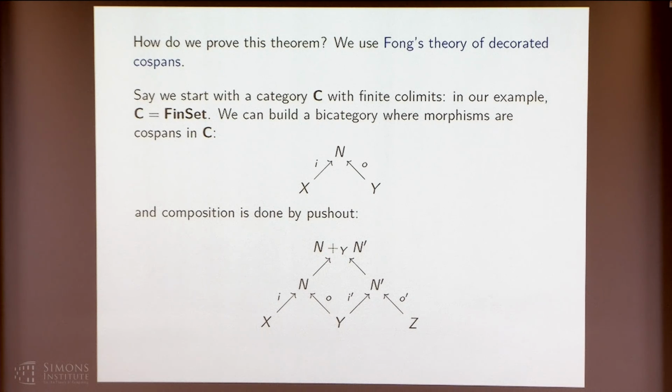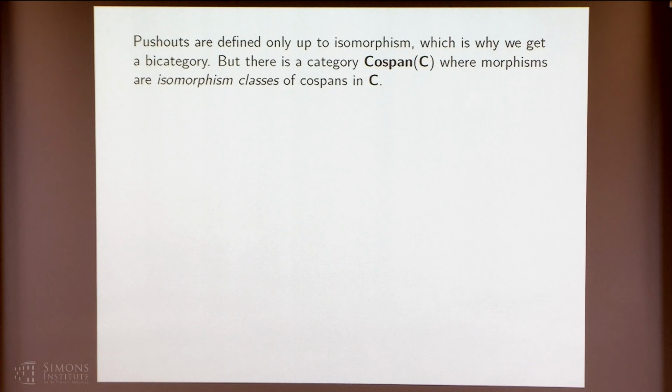So it's known that this structure gives you not a category with these as morphisms, but something a little bit subtler called a bicategory. The problem is that pushout is defined only up to isomorphism, so composition doesn't obey the associative law on the nose, it only holds up to isomorphism.